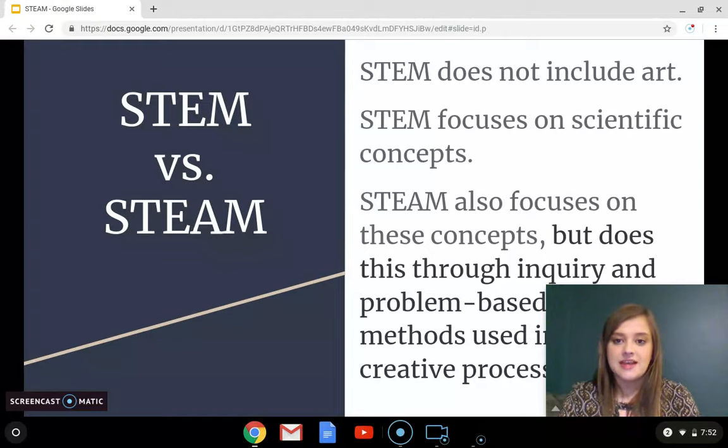STEM focuses on scientific concepts, while STEAM focuses on those concepts through inquiry and problem-based methods. And they're trying to figure things out using a creative process. So that's kind of where the arts are involved, in the creative processes that they use. It's like building something rather than coming up with a hypothesis and leaving it there, if that makes sense.